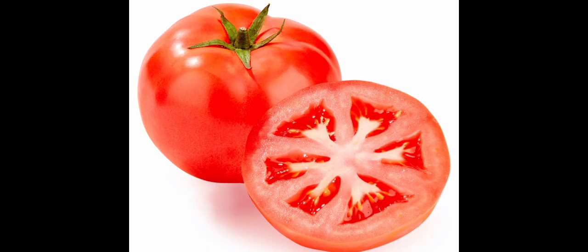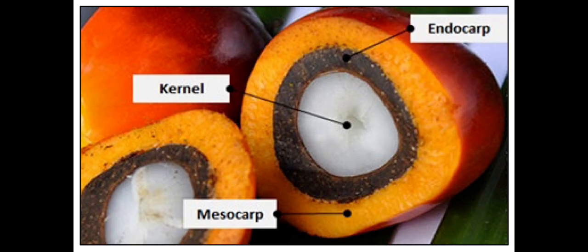It's a fleshy fruit, and it's classified into berries. And then I've classified palm fruits as also a fleshy fruit, which maybe you put under drupe. And I've classified specimen N, mango fruit, as a drupe. Okay, now let's move on.